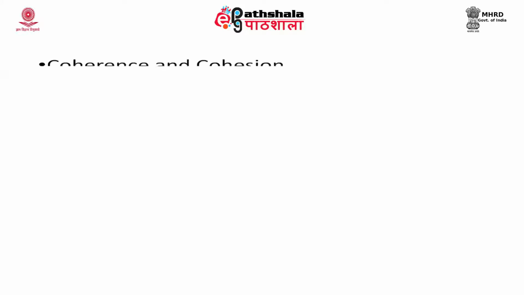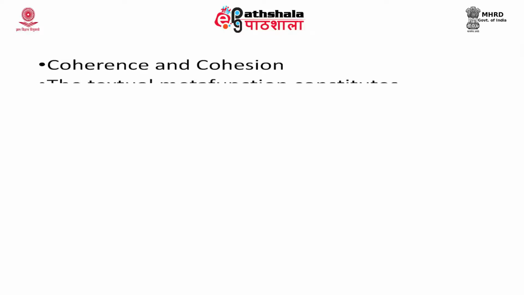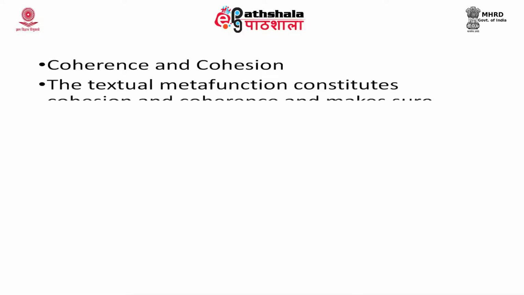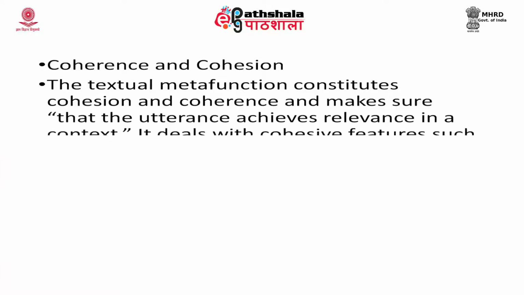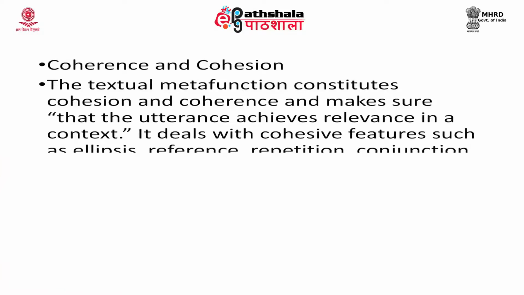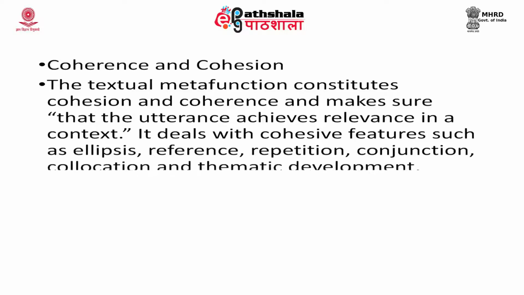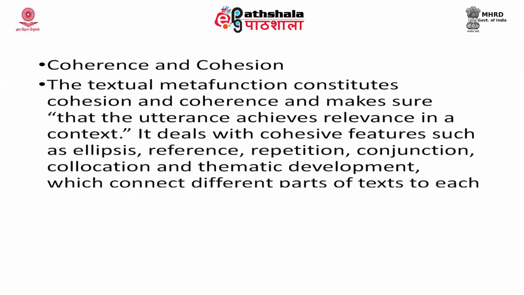Coherence and cohesion. The textual metafunction constitutes cohesion and coherence and makes sure that the utterance achieves relevance in a context. It deals with cohesive features such as ellipsis, reference, repetition, conjunction, collocation, and thematic development, which connect different parts of text to each other structurally or lexically.